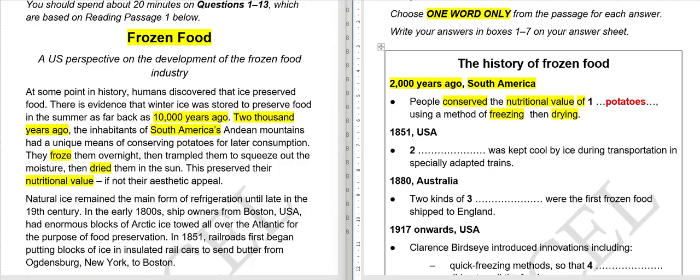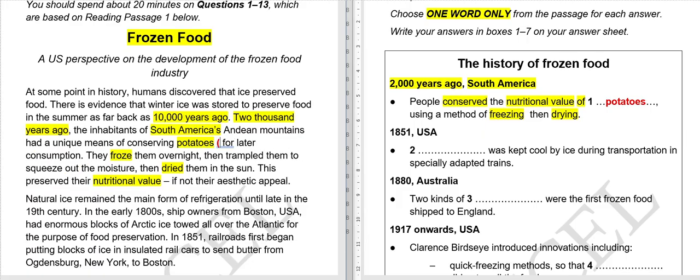I hope you were able to find this answer. If not, don't worry. I will tell you why this is our answer. Let me mark it here. If you were not able to identify this answer, don't worry, I am here to tell you why this will be our answer. Just one second, guys.